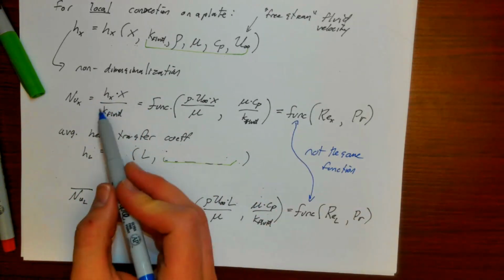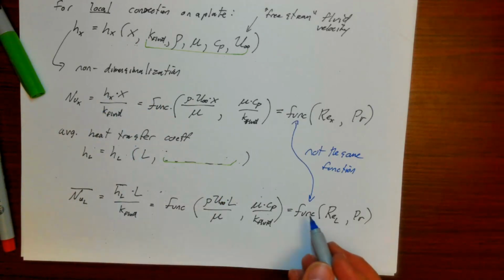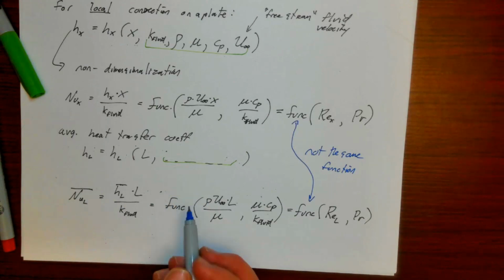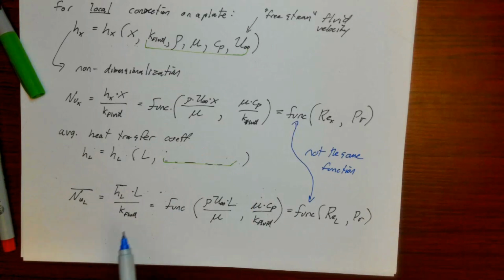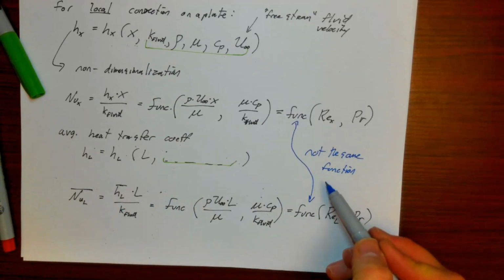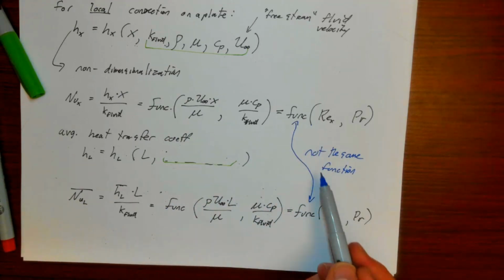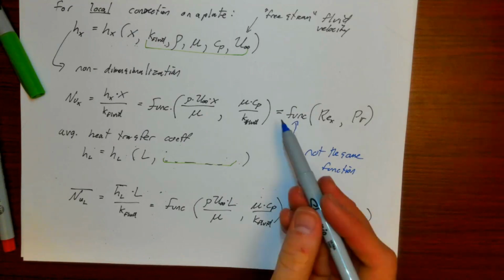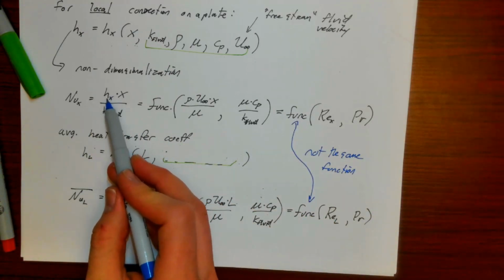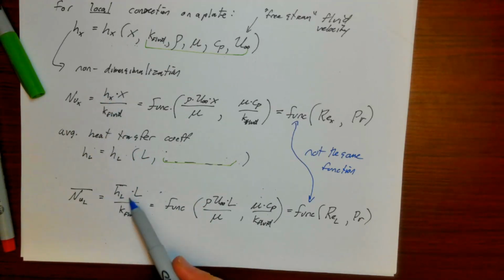The local heat transfer coefficient isn't going to give me the same as what's averaged over the whole plate, because what's averaged over the whole plate incorporates a whole bunch of points that are not the point I'm talking about right here. They might be similar in a lot of forms, with similar arguments and a similar structure, but they're not going to give the same thing. So we need to choose which function we're using, depending on whether we want to investigate local points on the plate or average quantities over the whole plate.